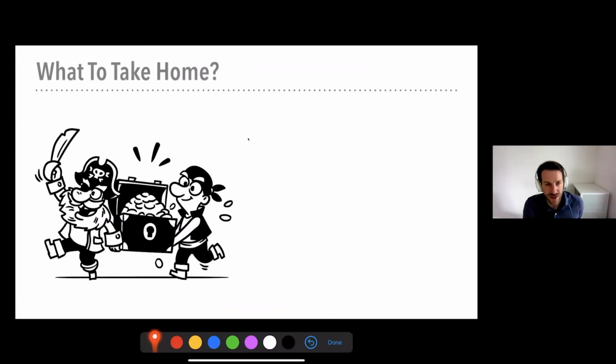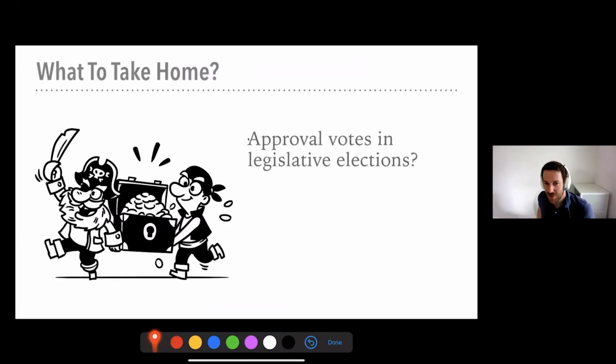So what should we take away from this talk? I phrased everything here in terms of political parties. It could be a possible use case. I'm not directly advocating it. It just was kind of convenient to talk about parties, and I think it's a worthwhile thought experiment in this realm.